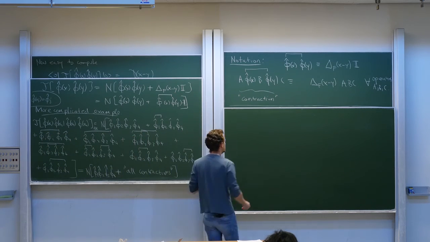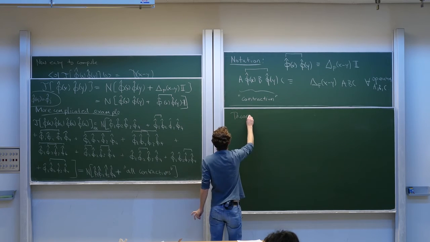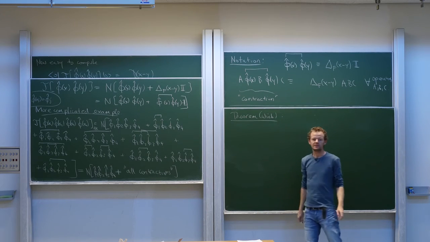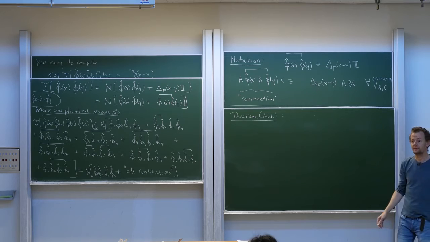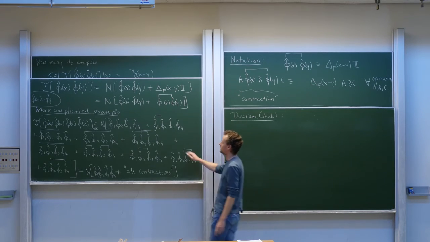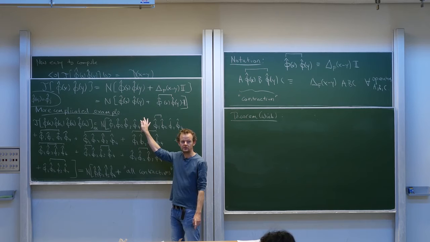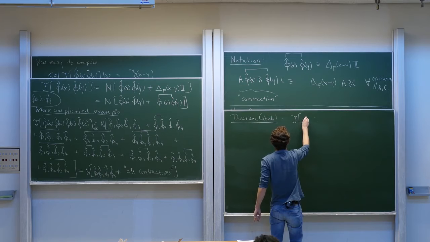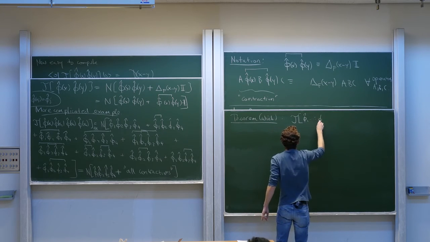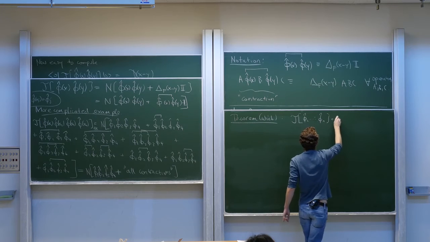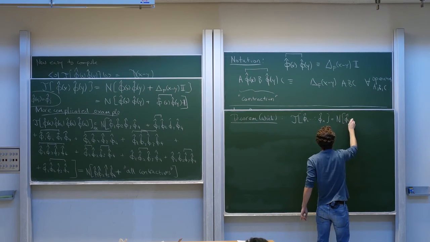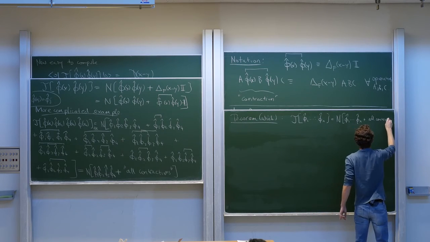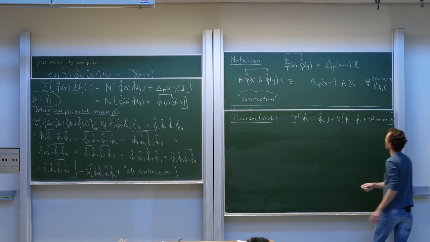And there's a theorem, which you'll enjoy, that says that this pattern continues and you need never have to do this tediously term by term ever again. And the theorem is very simple to state. It says that the time ordering of n operators is equal to the normal ordering plus all contractions.